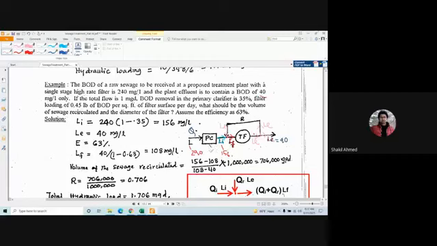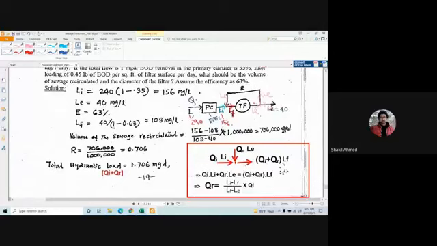I already told you this is E equals to 35% here. Filter loading is 0.45 pound of BOD per square feet of the filter surface per day. What should be the volume of the sewage recirculated and the diameter of the filter? So you need to calculate the R, and from the R, you need to calculate the volume of the sewage recirculated and the diameter of the filter. Okay, fine.